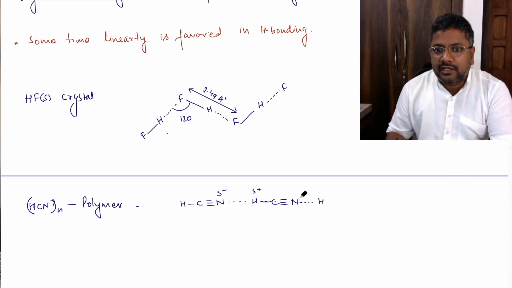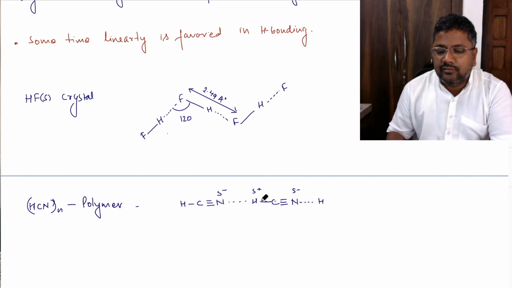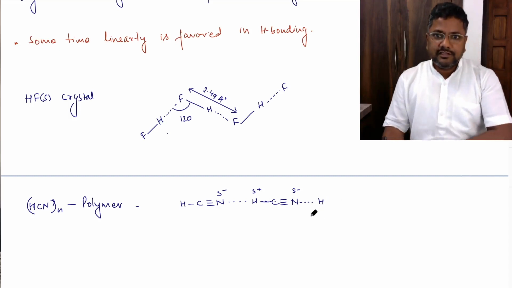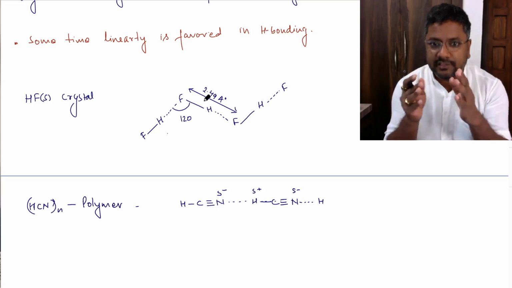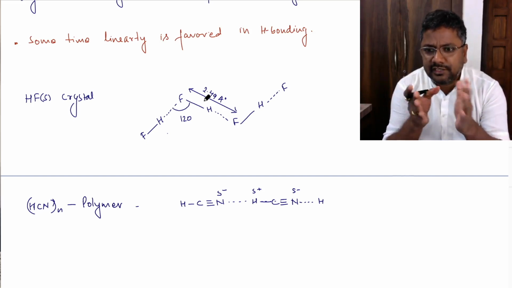So this hydrogen bond forms in a linear fashion, and linearity is maintained. If you take one unit, two units, then it will be linear.